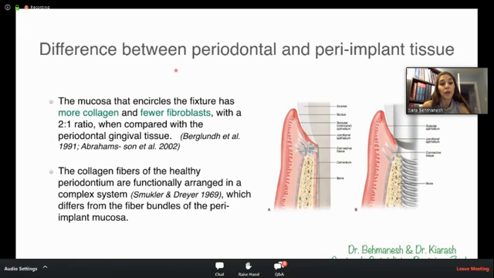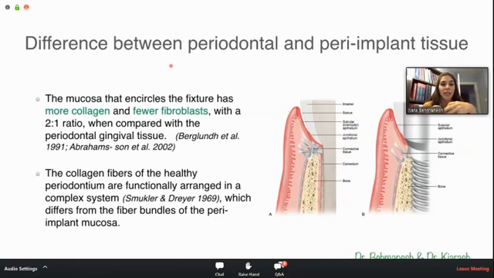So first of all, the mucosa that encircles the teeth is different from the mucosa that encircles the implants. The mucosa around the teeth has more vasculature and less collagen fiber. The one around the implant has more collagen fiber and fewer fibroblasts.